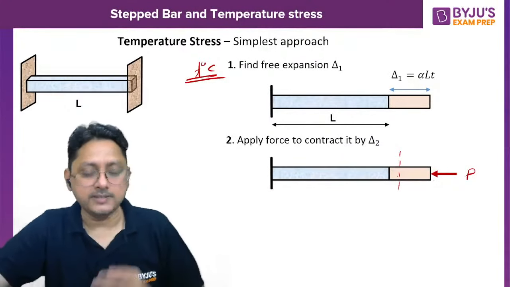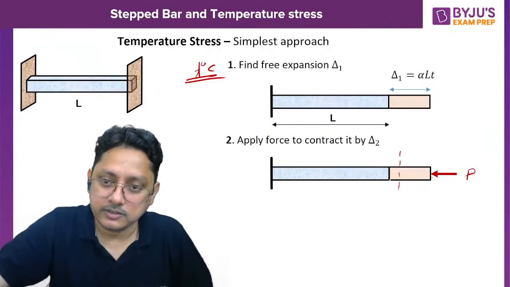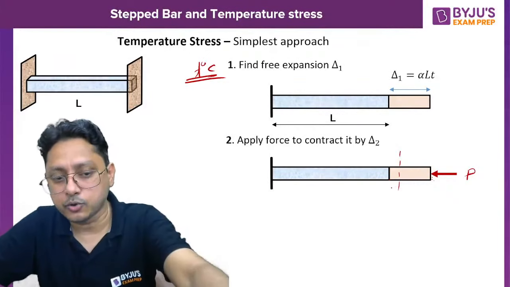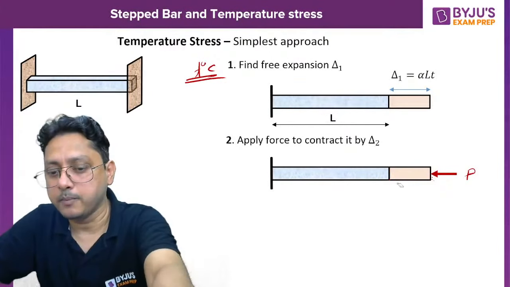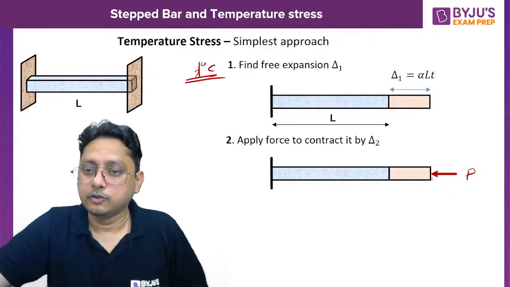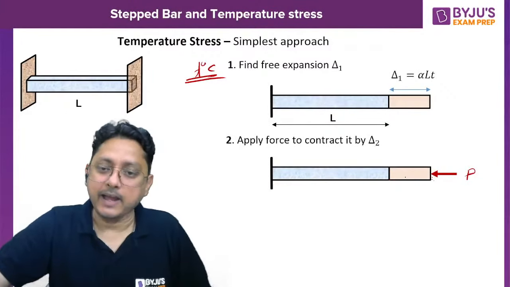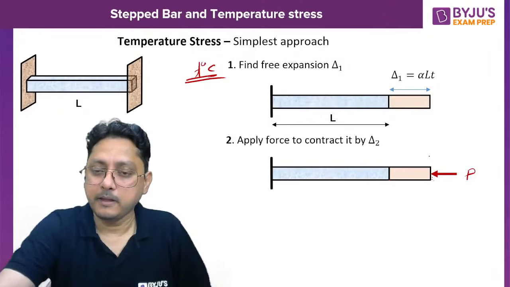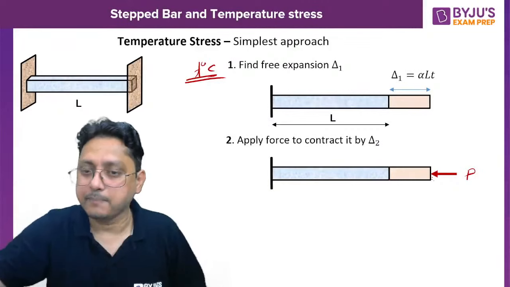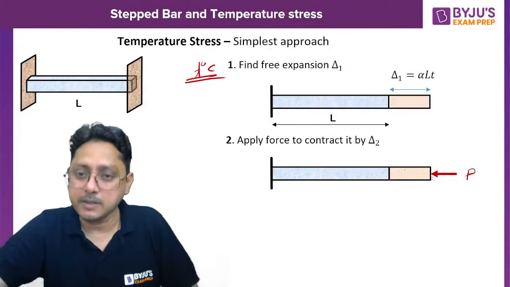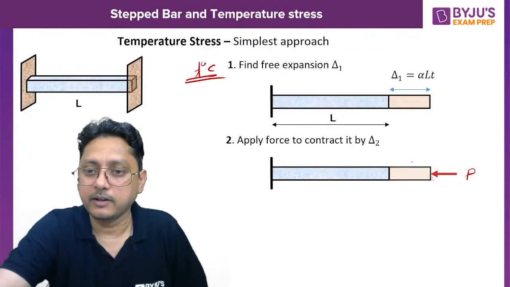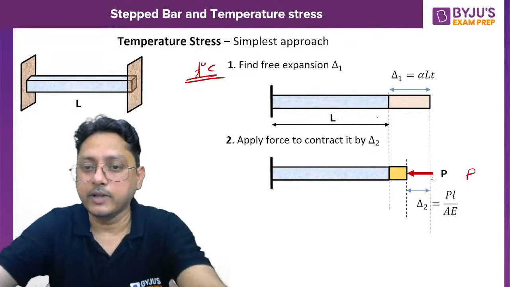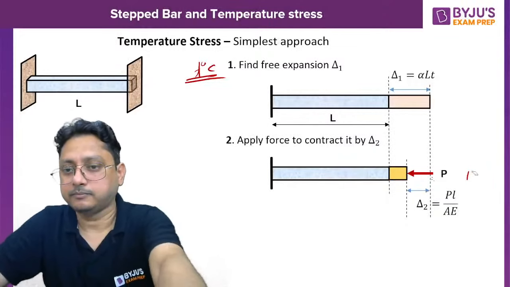You always have a choice whether you want to bring it back to the initial position or stop it anywhere. But with this storyline, you can solve all types of problems. Suppose I am applying the force but not bringing it back to the initial position, I am just keeping it somewhere in between.